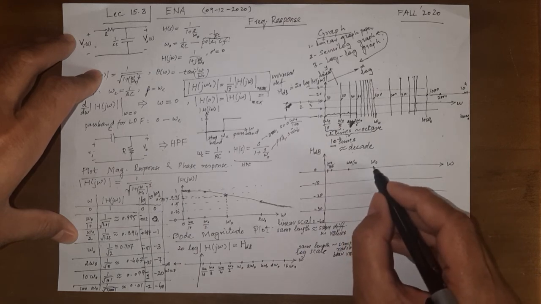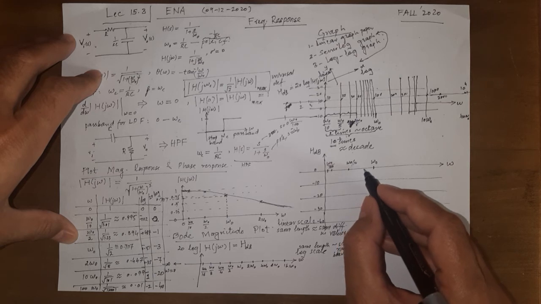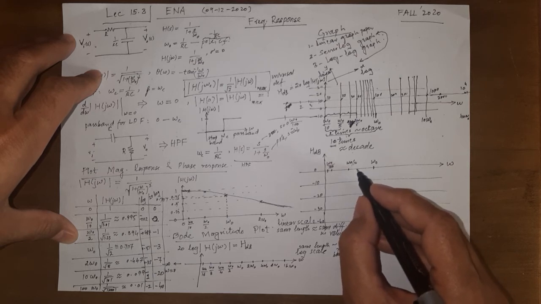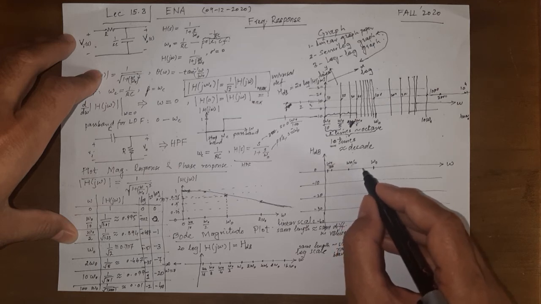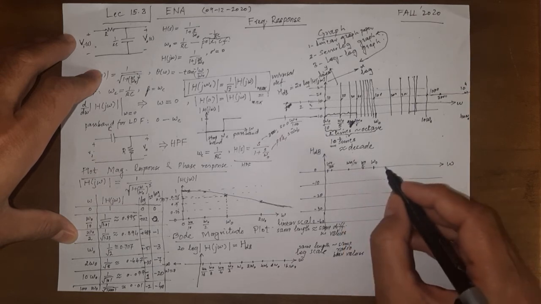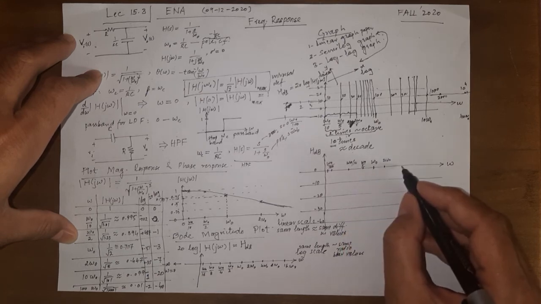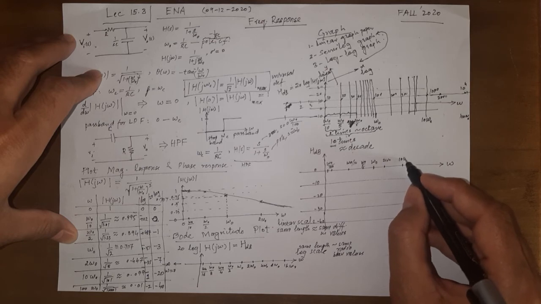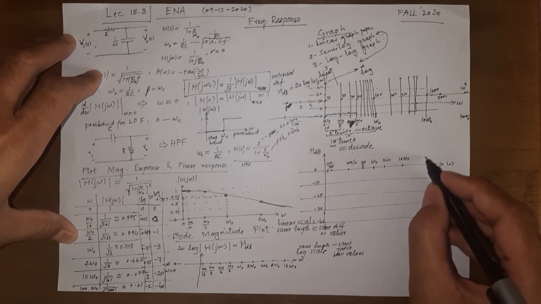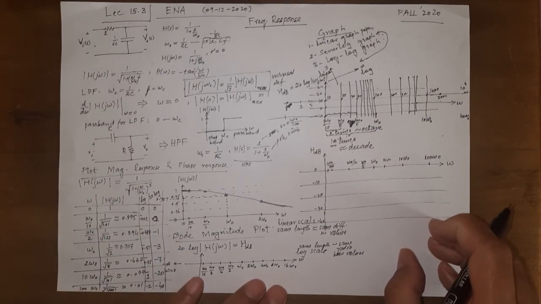And if this is omega naught, this is omega naught by 10, omega naught by 2 would be somewhere, if this is a difference of 10 times, omega naught by 2 may be something like this. So this is omega naught by 2. This is 2 times omega naught. The same distance here would be 10 times omega naught. The same distance here would be 100 times omega naught, and so on. So let us plot these values.